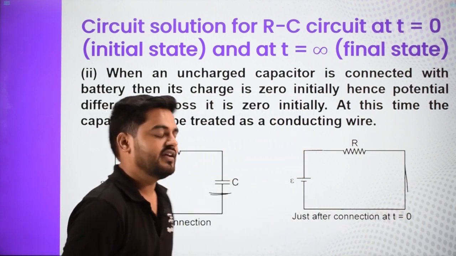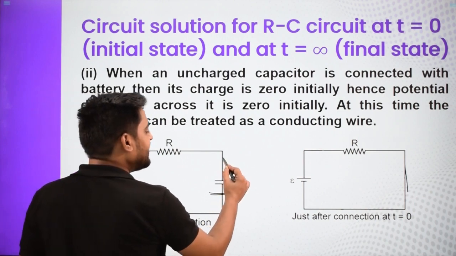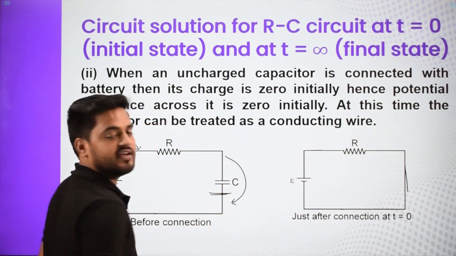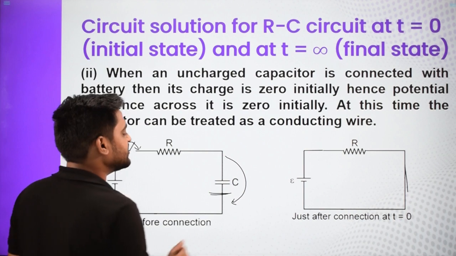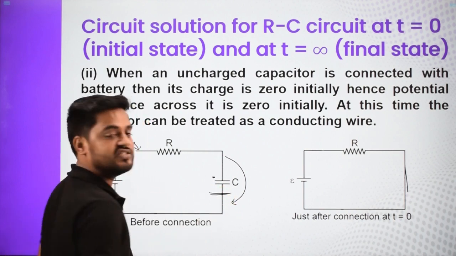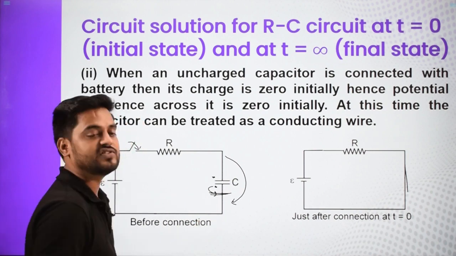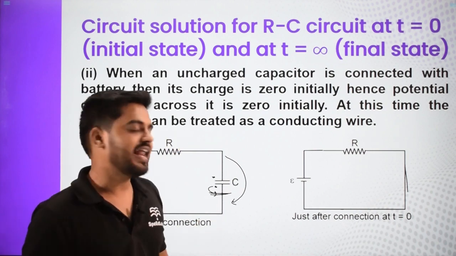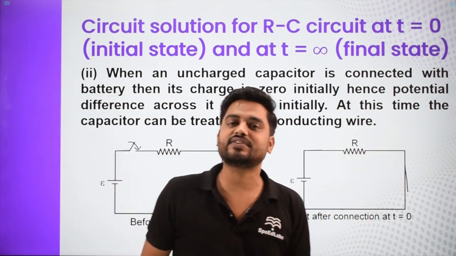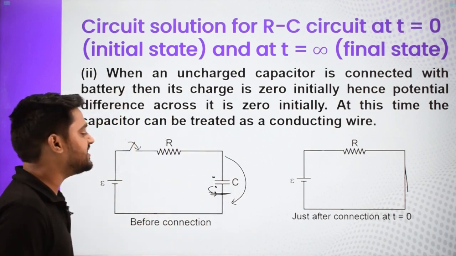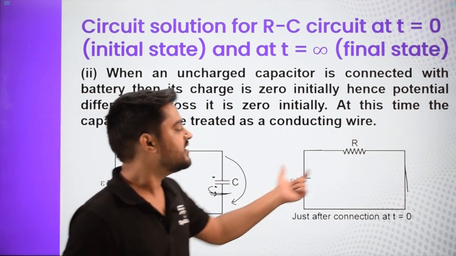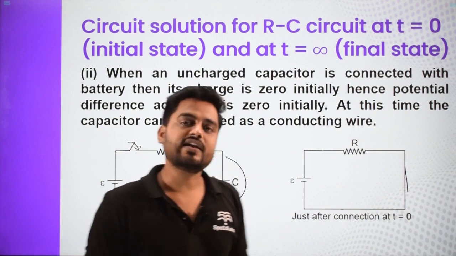What does it mean? It means that it has infinite ability to conduct. So whatever amount of charge comes on it, it immediately comes onto this plate and immediately gets transferred from here. So charge flows through it as if it is just a wire. So at t equal to 0, a discharged capacitor can simply be replaced by a conducting wire.